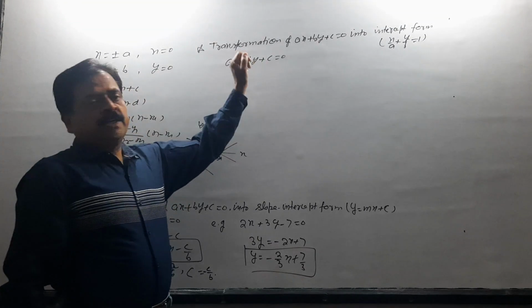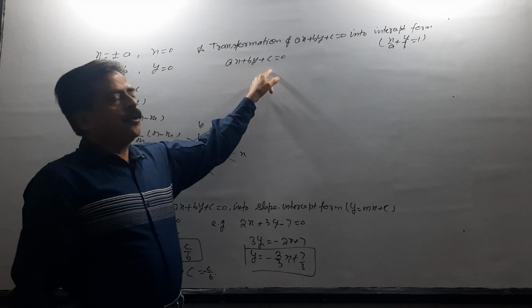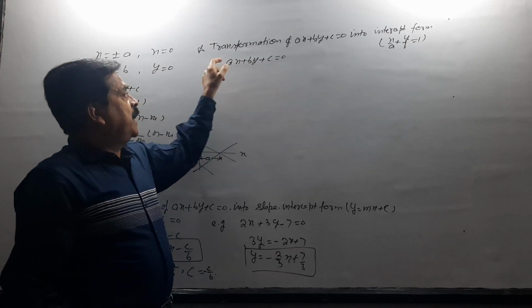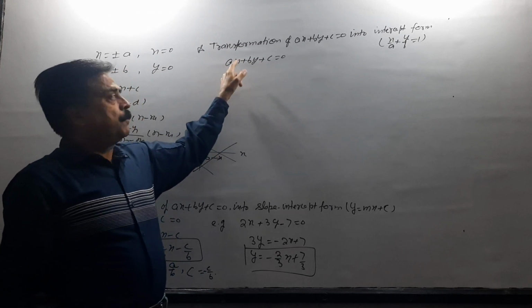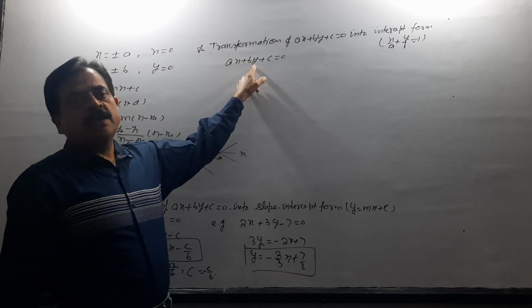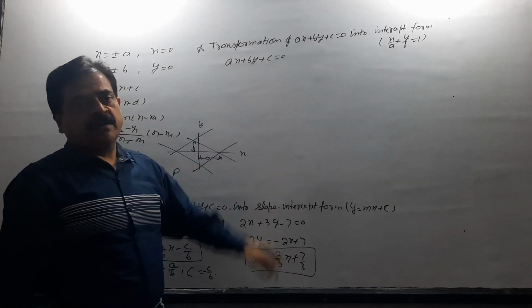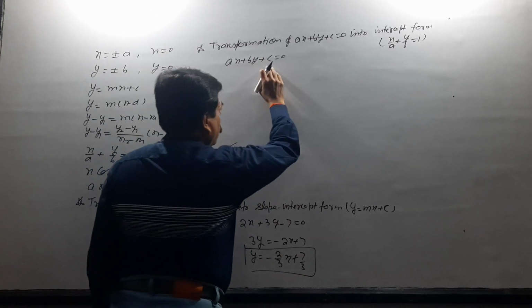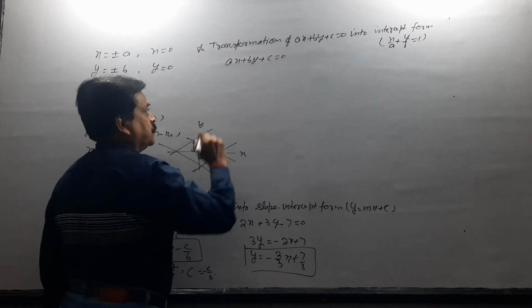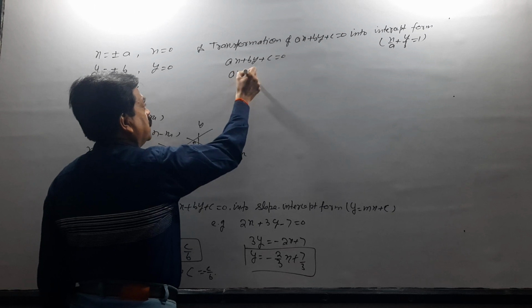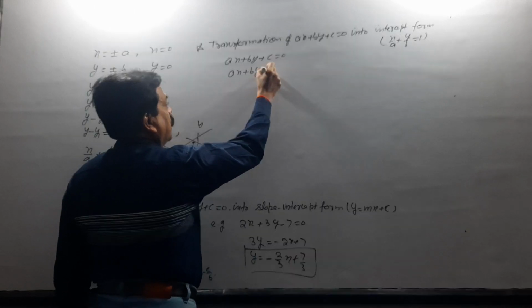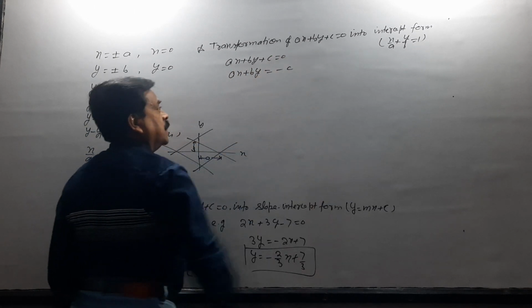Transfer this constant. A, B, C all are constants. A is the coefficient of x, B is the coefficient of y, and C is a constant independent of x and y. So transfer this constant to the RHS. Ax plus by is equal to minus c.